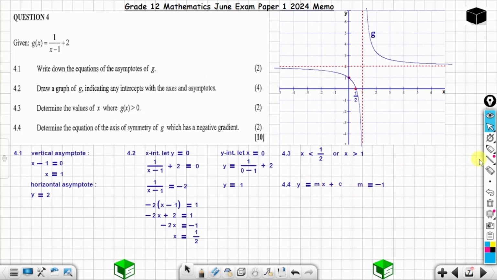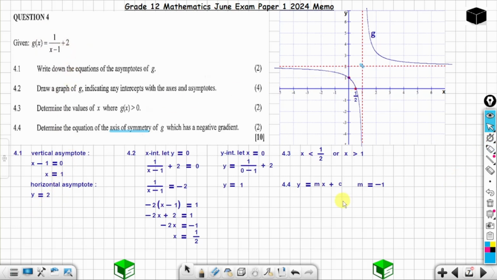So, you have to know that the axis of symmetry is going to pass through this point. The coordinates of this point are 1 and 2. You can see from the equation the coordinates are 1 and 2.